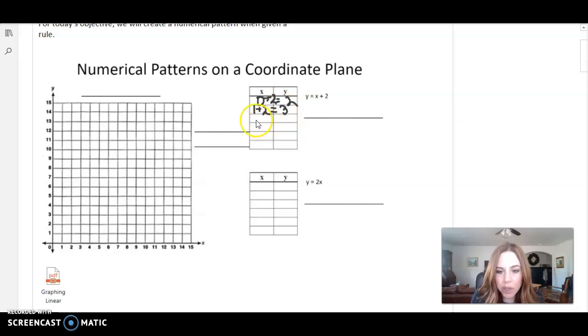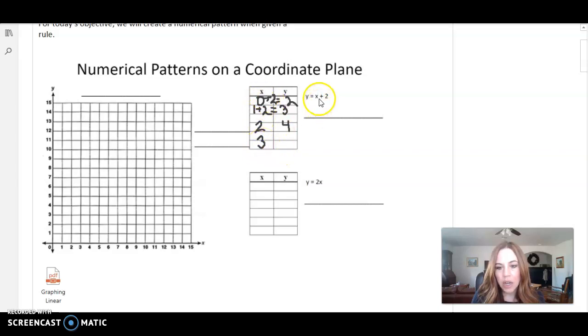I'm going to skip a row so we have a little more room. Let's say x is 2. What am I going to do to 2 in order to get y? I'm going to add 2. 2 plus 2 is 4. And then let's do 3.